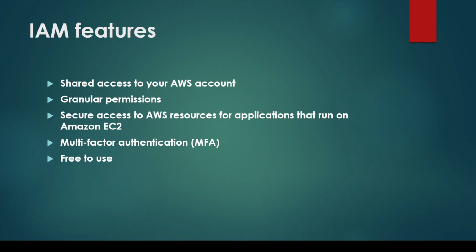And secure access to AWS resources for applications that run on EC2. In that we will create instances, and if we want an S3 bucket to be accessible from that particular instance, that permission we can also give.